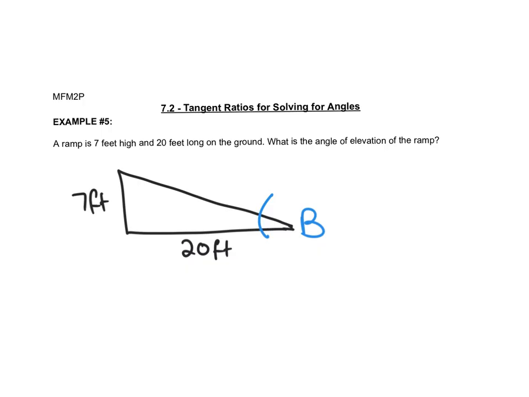We'll just call this one B in this case. This is a right angle. We're going to assume that our wall is perpendicular to the ground, so making a 90-degree angle. So tan of B is, if we label this, remember this is opposite and this is adjacent. So tan of B is going to be 7 over 20.